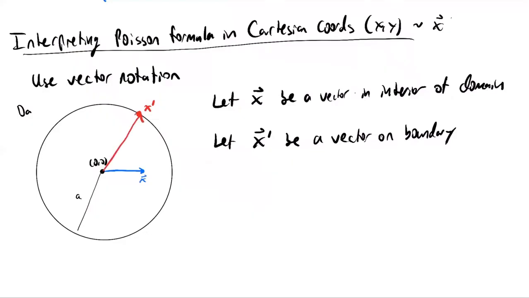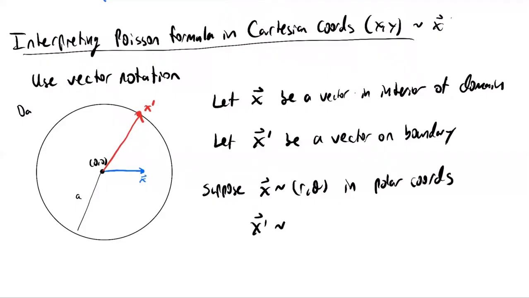What I want to do is try to find a way to rewrite the Poisson formula in terms of x and x prime, in terms of vectors x inside the domain and vectors x prime on the boundary. In order to relate these to the formula, we have to introduce polar coordinates. Suppose my vector x is given by (r, theta) in polar coordinates, and x prime is given by, well, since x prime is on the boundary, the length of this vector is always equal to a.